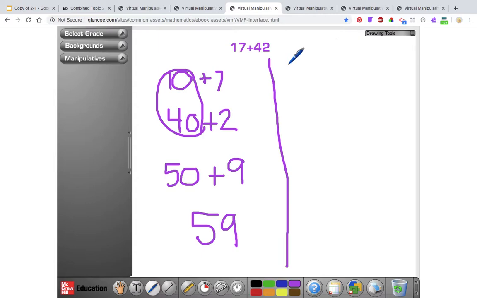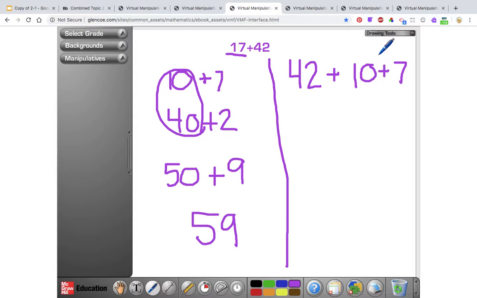Now that you have yours, I know that 17 is a smaller number. So I'm going to keep 42 how it is, and I'm going to break apart 17 into 10 plus 7. So now I have 42 plus 10 plus 7.